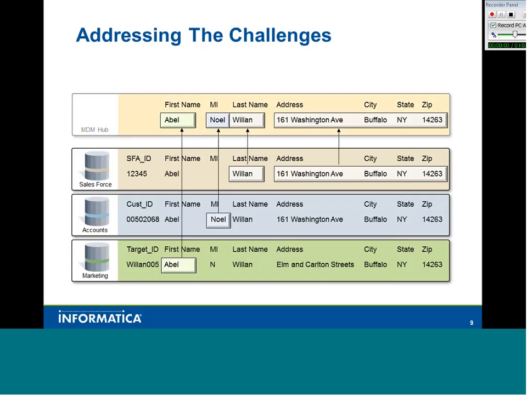So when we send the data through MDM processes, what gets generated for the end user is a master record which has an ID, and it gives you a solid view of a particular entity, which is a lot more reliable than how the data was previously when it was coming from all these different feeds.